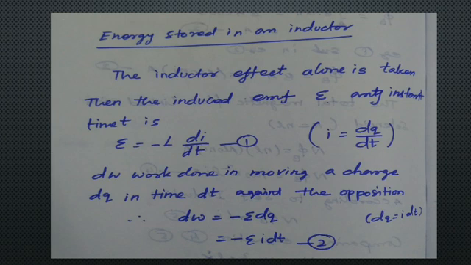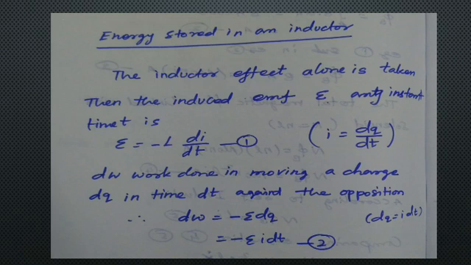So dW is equal to minus E into dq, because dq is the amount of charge, and minus is the opposition, the EMF. From the current, dq is equal to I into dt, therefore dW is equal to minus E I into dt. This is equation number 2.